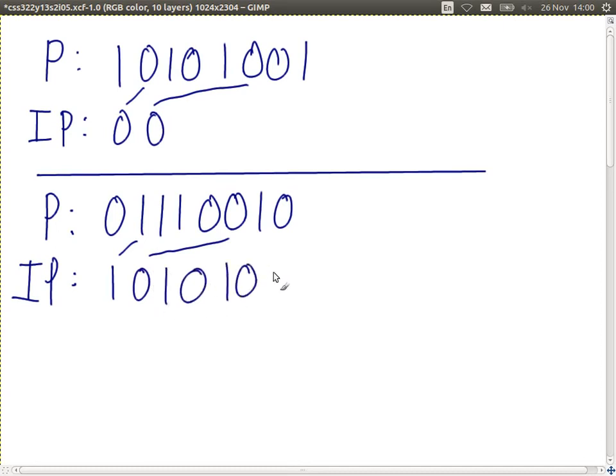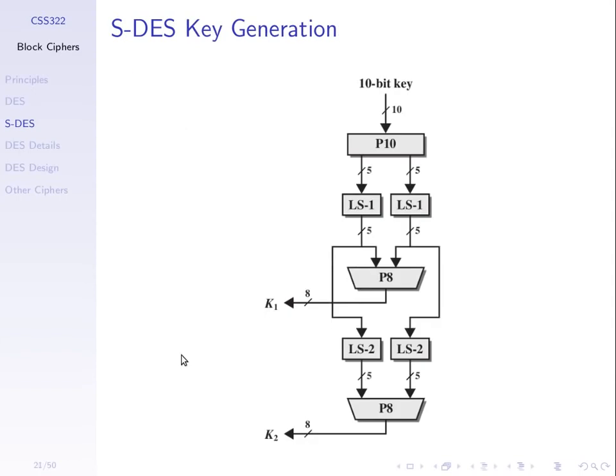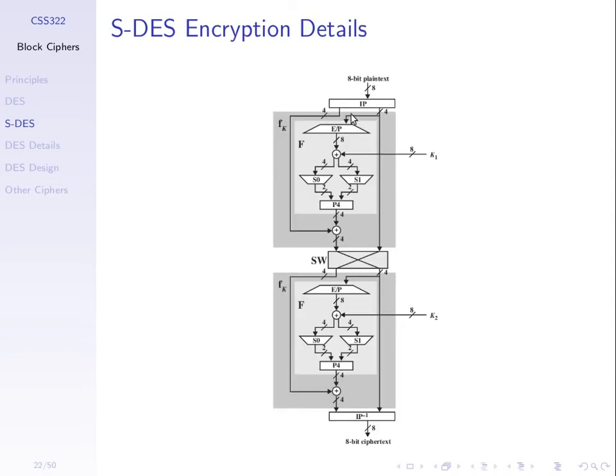This is where I misread the plaintext. That will be the output after we rearrange those 8 bits according to IP. That is the output of IP, and now we operate on 2 halves.